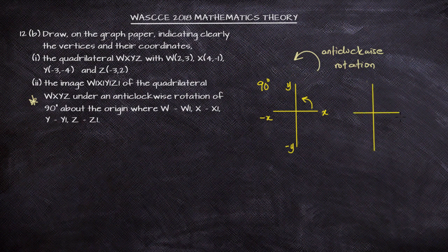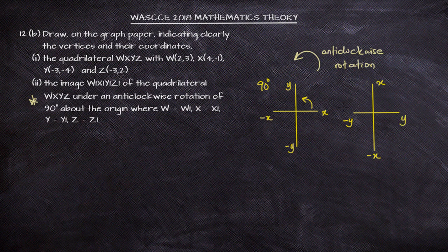This x will move up, then the y will move to the left hand side, so it will become minus y. Then the minus x will move down, it will still be minus x. Then the minus y will move to the right, and that will be y.